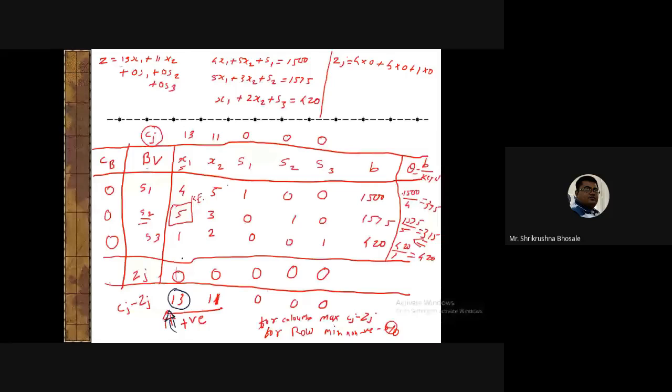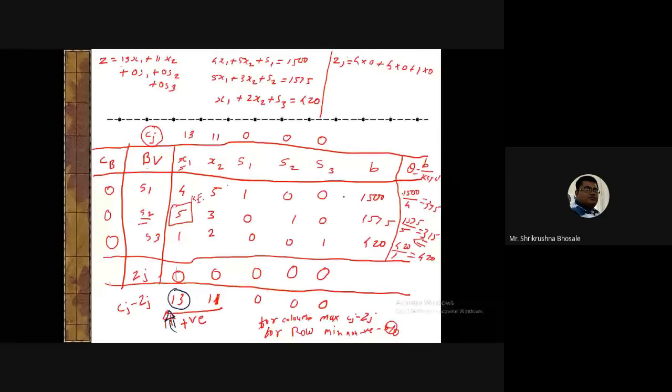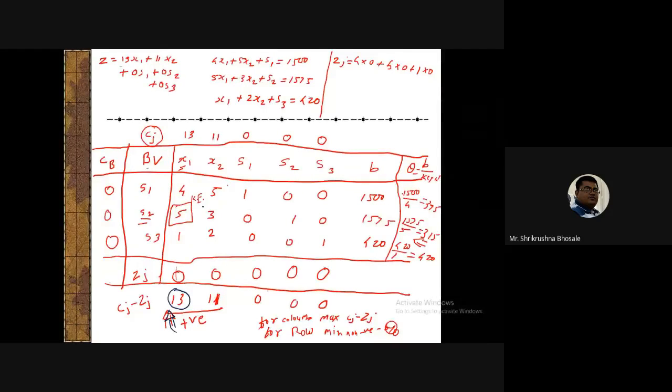Then similarly, we have to find the key row. How to find the key row? The B value divided by the key column value. So 1500 divided by 4 gives 375. 1575 divided by 5 gives me 315, and 420 divided by 1 gives me 420. These theta values, that is B divided by key column value, out of these we have to find the minimum.